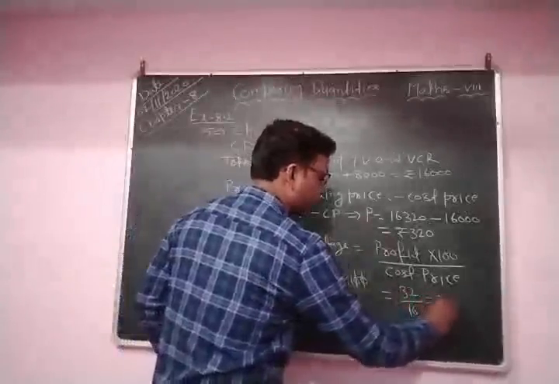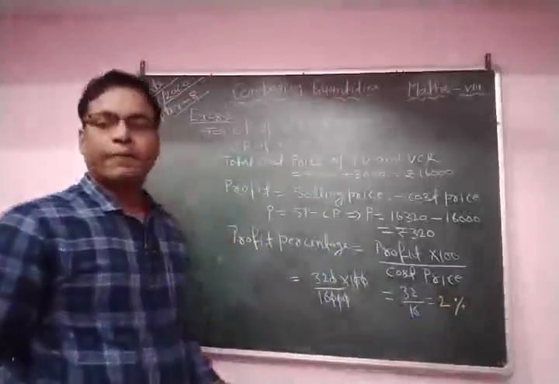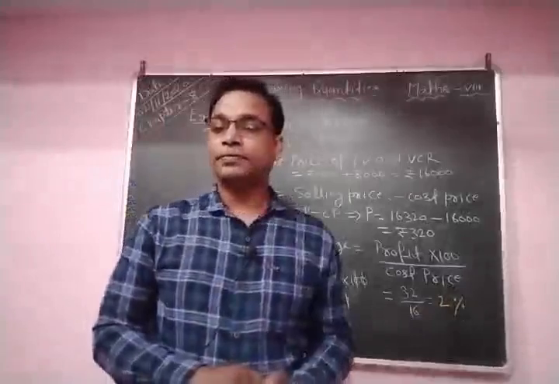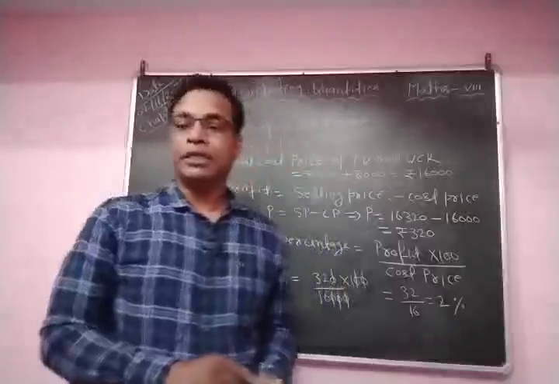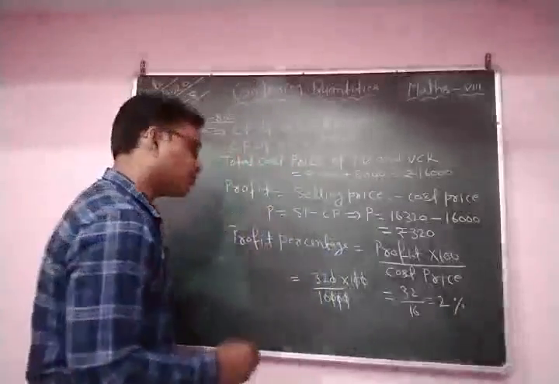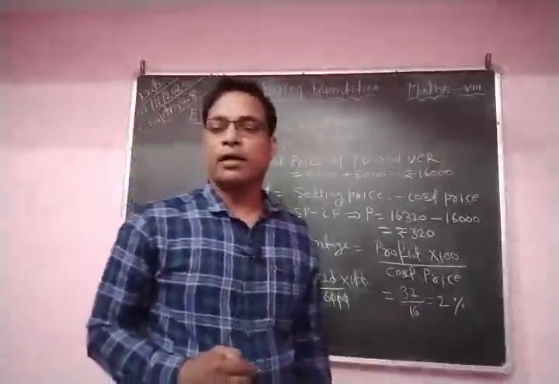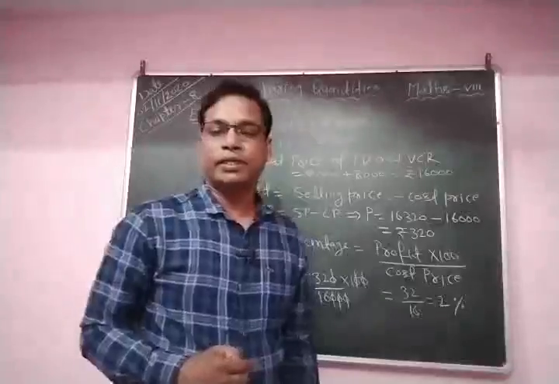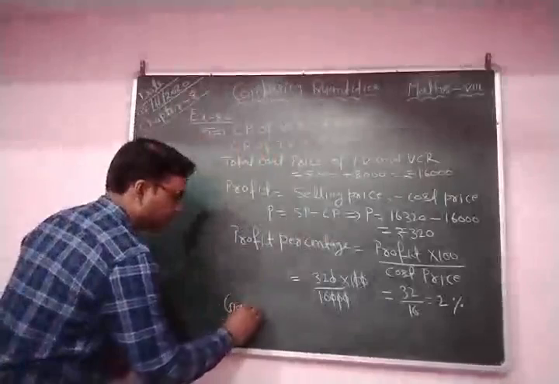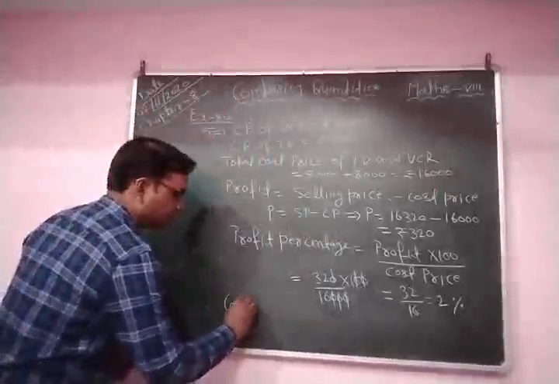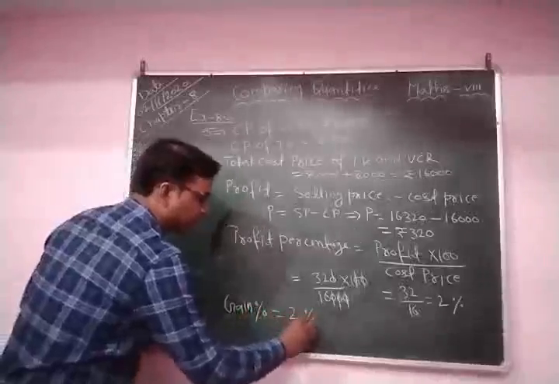This is equal to 2 percent, the profit percentage. Or you can write gain percent is equal to 2%, or you can say profit percentage is equal to 2%. Clear? So at last you can write gain percentage is equal to 2%.